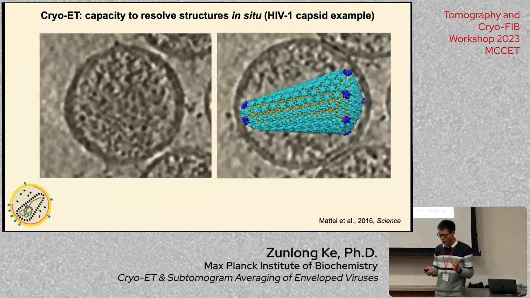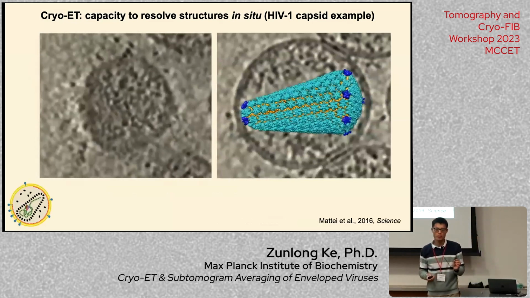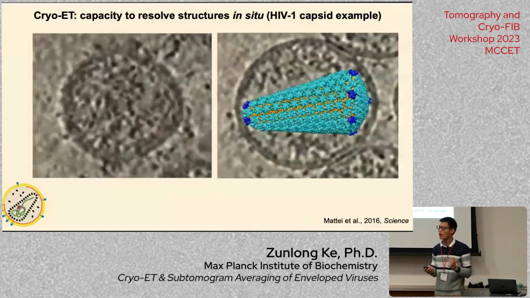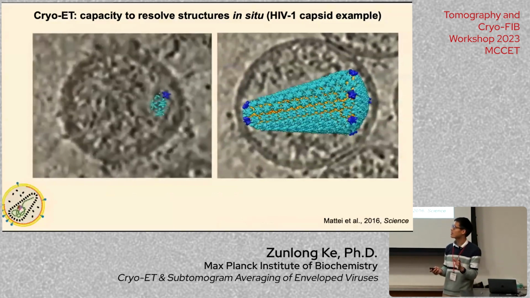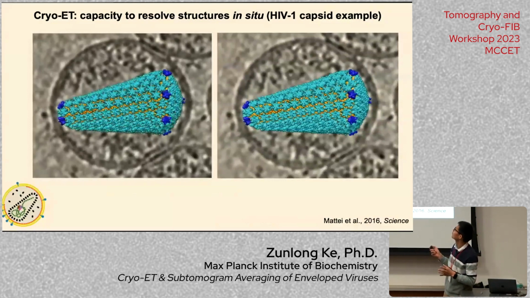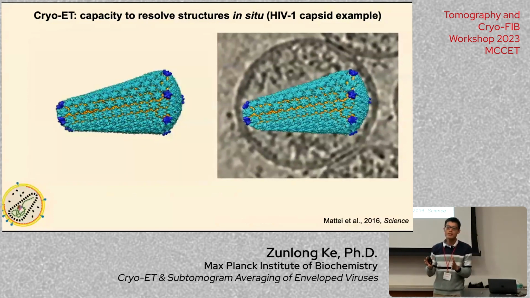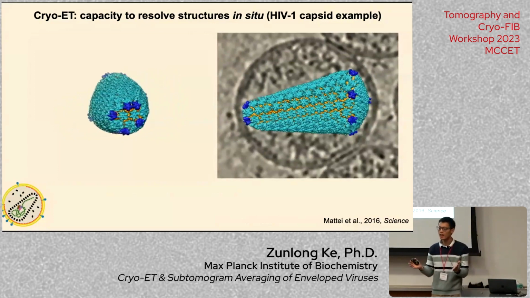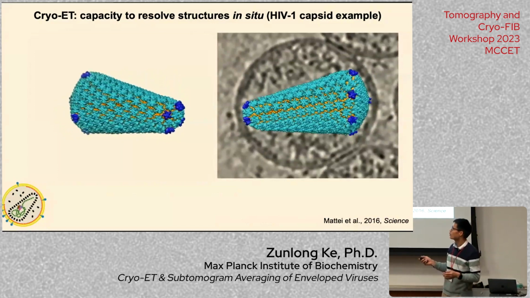So Cryo-ET is not only able to solve the structures, because that's just part of it. The other part, the beauty of it, is that it can resolve the structures in situ. What that means is that if you resolve it in situ, you must have the context of it. That context is that you can put things back.